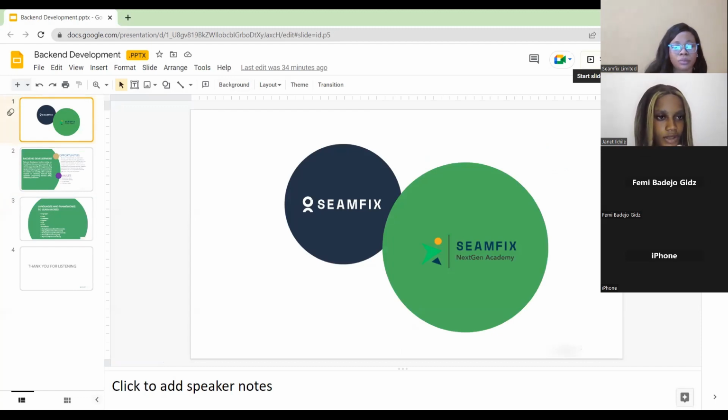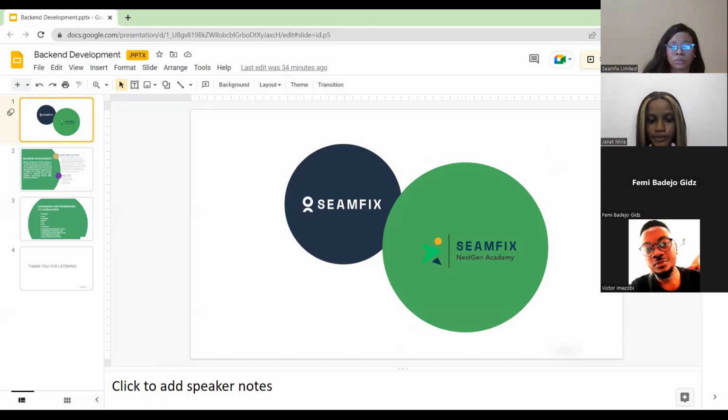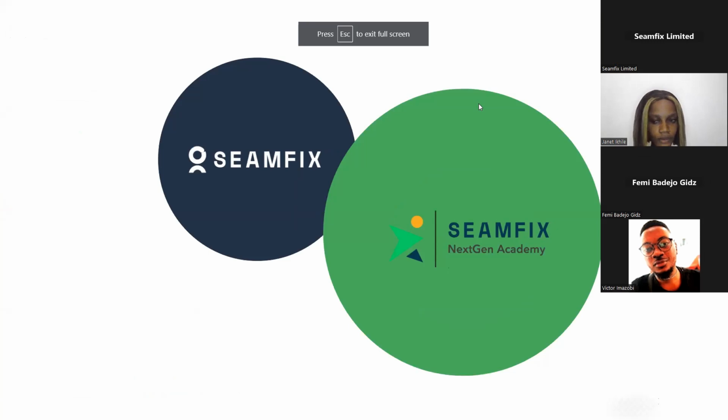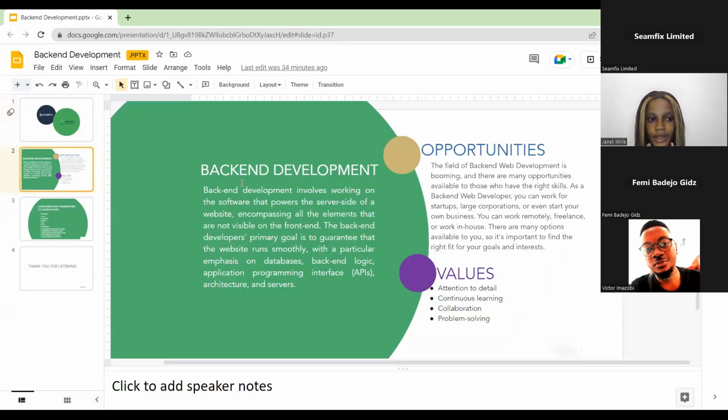Welcome to this master session. So I'll just do a summary of what backend development is. Backend development involves working on the software that powers the server side of a website.